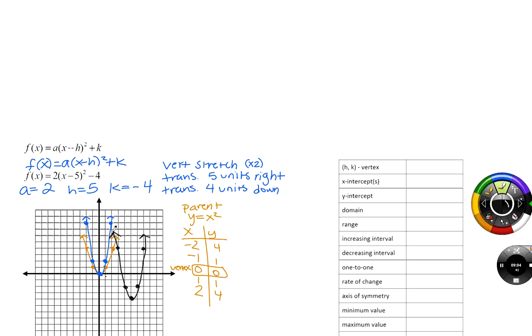So I can literally take all the y values that used to exist in my chart, multiply them by 2 and subtract 4, and I should get the right y coordinates that go with the adjusted x coordinates. What is the only transformation here that adjusted the x coordinates? 5 right is the only horizontal thing that we did, right? If you want to move something 5 right on the x-axis, what do you do to the x coordinate? Add 5.